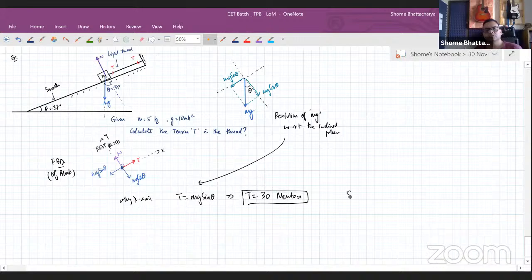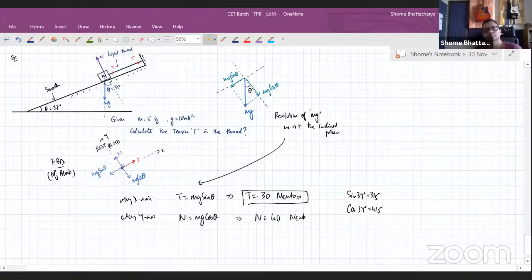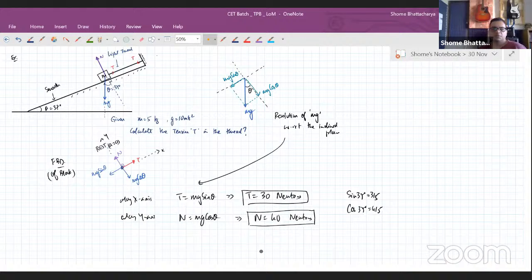We'll use the fact that sine 37 is 3 by 5, cos 37 is 4 by 5, and along y-axis, normal reaction is balancing mg cos theta. So the normal reaction here will be 40 newtons. So hope this example is fully clear.